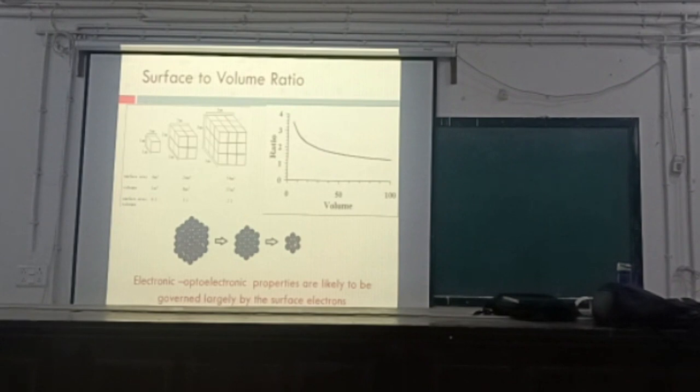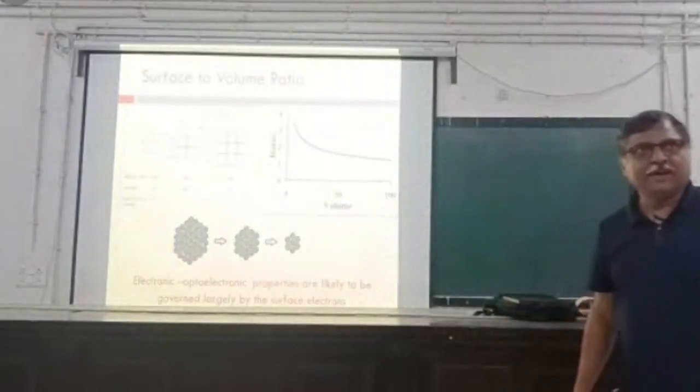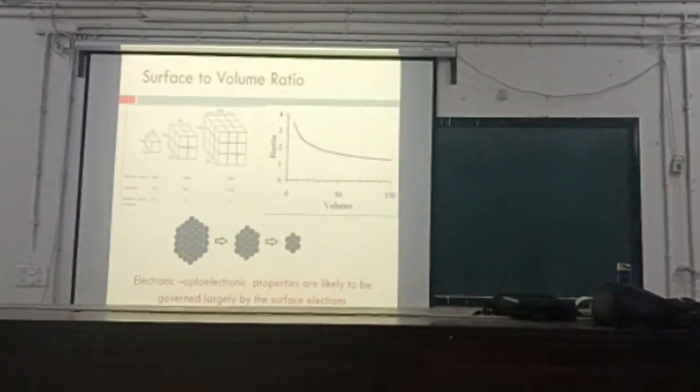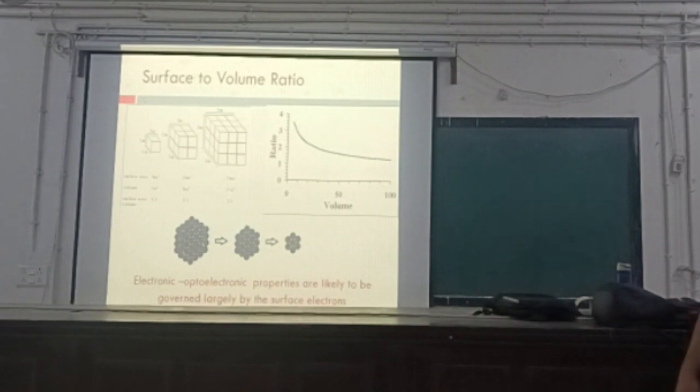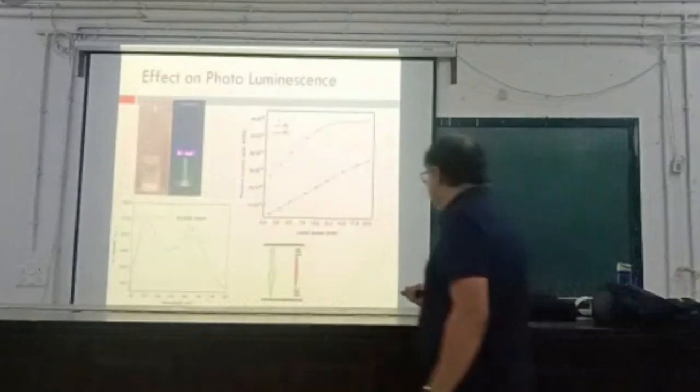If you are at a small size, the number of surface atoms is more than the number of bulk atoms. So at nanoscale, surface states cannot be neglected. If you are doing research in nanoscale, you have to deal with surfaces, and surfaces are killers. They are the outlaws.